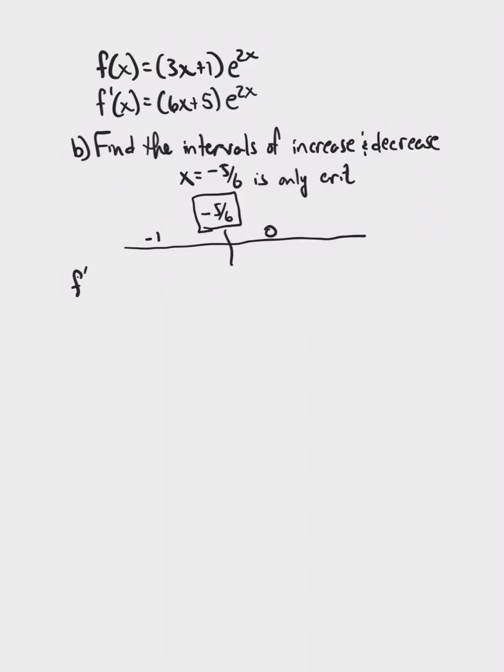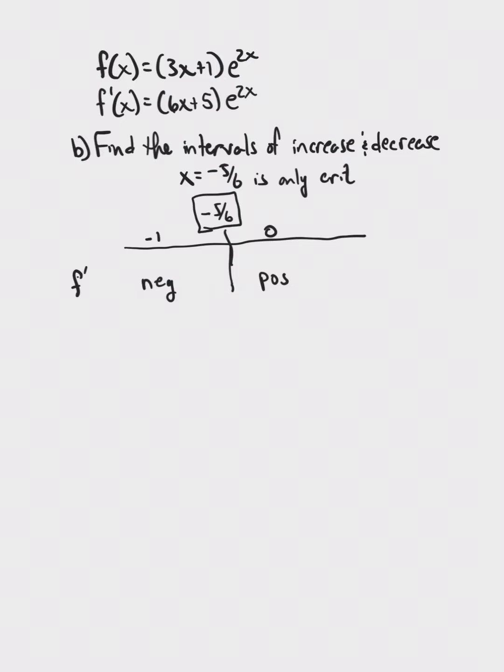All right, so what do I do? I take these test numbers and I plug them into my derivative and just tell whether they're positive or negative. So you might want to pause and do that. Make sure you can see what happens. But if I plug negative 1 into that derivative, I'm going to get a negative. All right. And if I plug 0 into that derivative, I'm going to get a positive. All right.